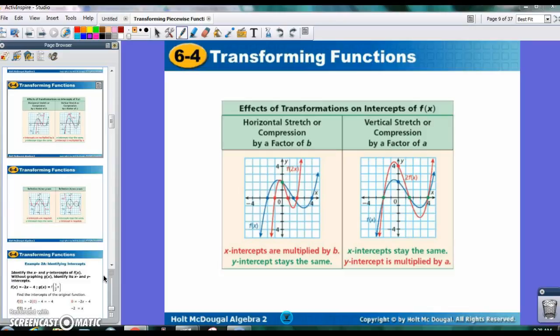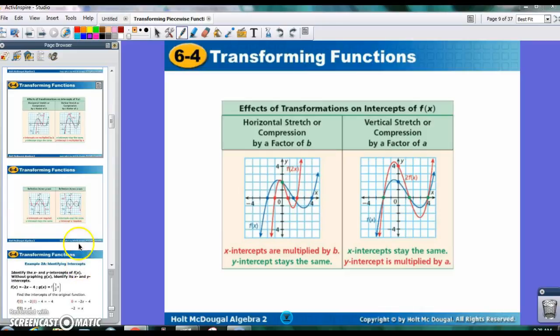It's only your x-intercepts that change. With vertical stretches or compressions, you're pulling it away from the x-axis or pushing it down towards the x-axis, so your y-intercepts are the ones that change, but your x-intercepts stay the same. So with vertical, the y changes. With horizontal, the x changes.